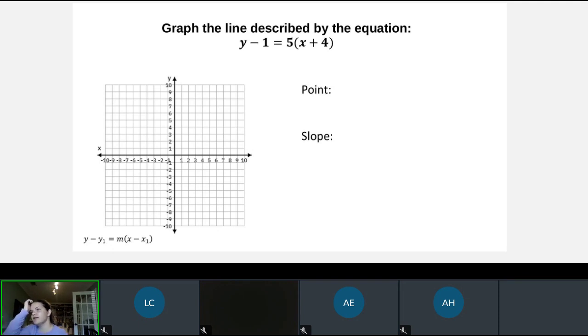All right, so let's go ahead and identify our point, and then we're going to identify our slope. So be careful with your y's and your x's. Remember, this first number is the y point.